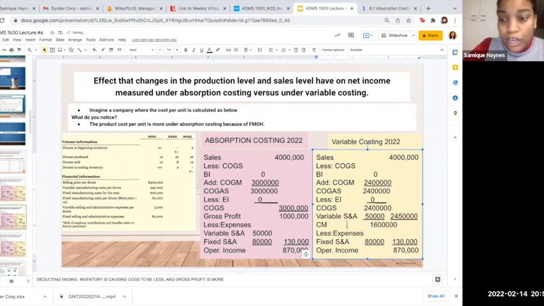So if we found our contribution margin, 4 million minus 2,450,000, we get 1,550,000. And then we have to deduct our fixed selling and admin of 80,000. And what do we come up with? What's the total?